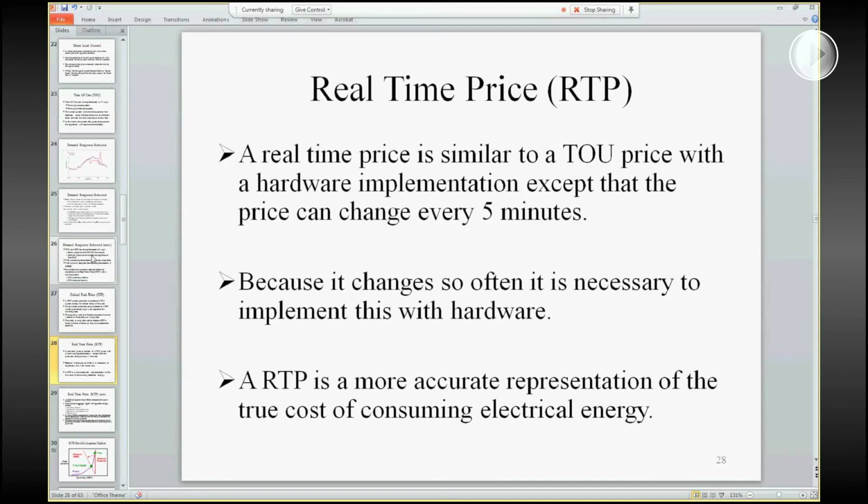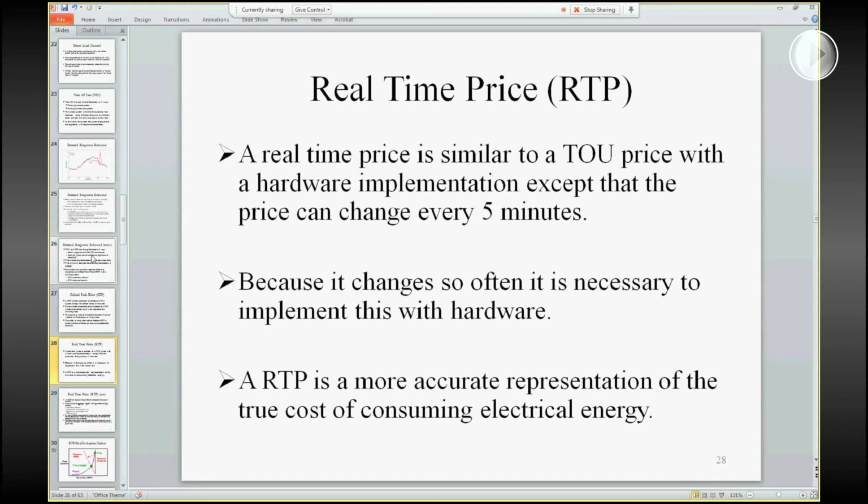So we get to the real-time pricing program. The way that we've implemented this is to basically look at price changing every 5 to 15 minutes or every hour, whatever your flavor might be, and then looking at how that might be implemented in hardware. Because the idea is that, looking at real-time pricing, we're assuming that for the most part consumers can't respond to that type of level directly, i.e. they're not going to be shifting their behavior.